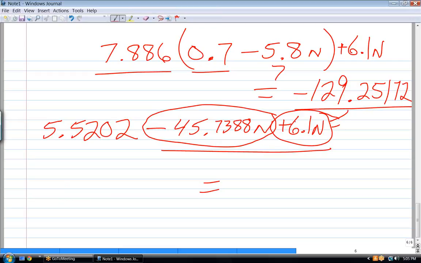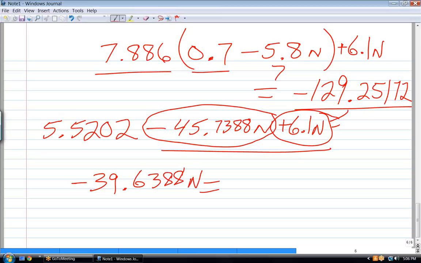Forget these decimals for a moment. Make sure you know what the ballpark figure is going to be. The ballpark figure is not going to be 51. It's going to be 39, around there, right? Negative 39? So negative 39.6388n.